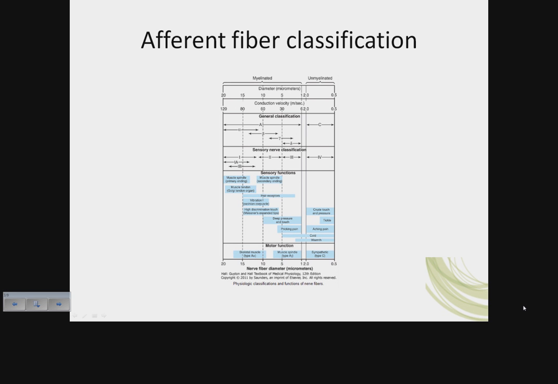Now I've jumped down to sensory nerve classification. If you look down in your sensory nerve classification, you'll see a 1A and a 1B, and then you'll notice that there is the number 4, which corresponds with the general classification above as C. Now, I don't want this to get too crazy.